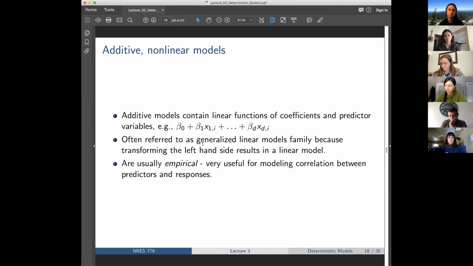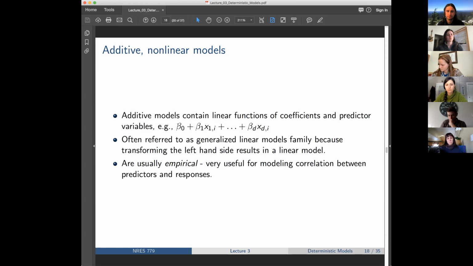Now, the other place of statistics you might be familiar with are generalized linear models. These are generalized because we are going to be doing something to the beta 0 plus beta 1x plus all the way up to however many covariates we have d, beta d times x of d. We're going to be doing something to that to change the support from negative infinity to infinity.